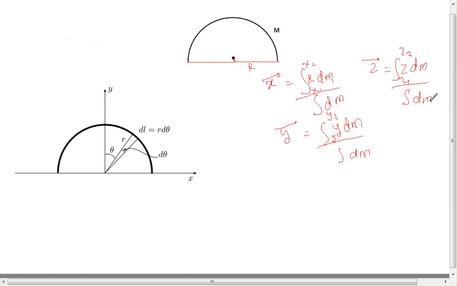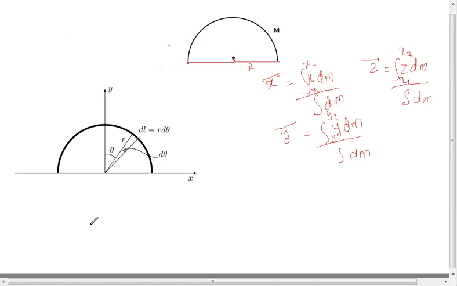We can choose this point, this point, or this point as the origin. We can choose any point in this whole 2D space, even in 3D space. In whole space we can choose any point as the origin.